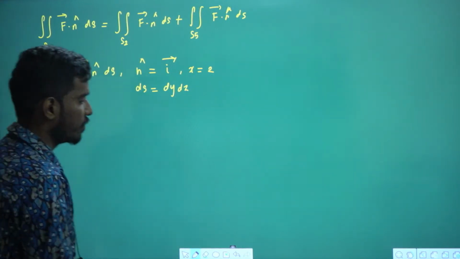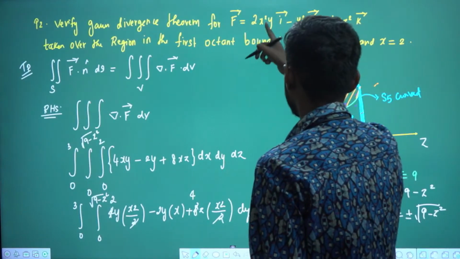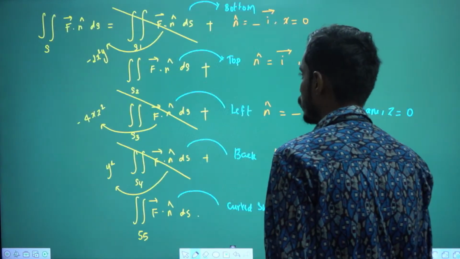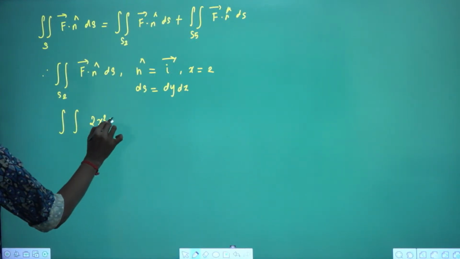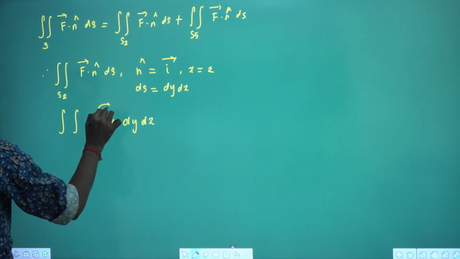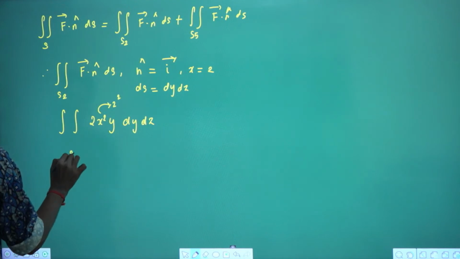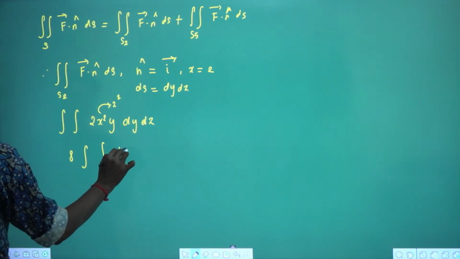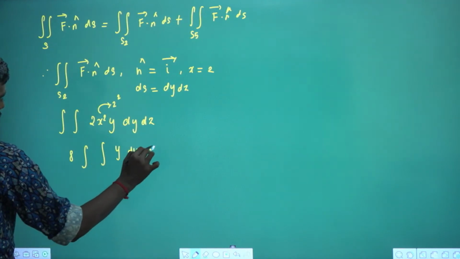So now, what is F dot n cap? It is F dot i. So what is F dot i? Your F dot i is 2x square y, and dS is dy dz, and we know x is 2, so 2 square is 4, 4 twos are 8. So 8 times the integration of y dy dz.